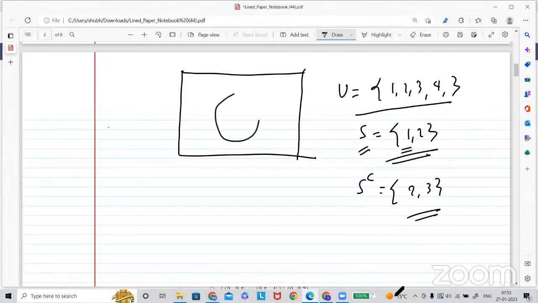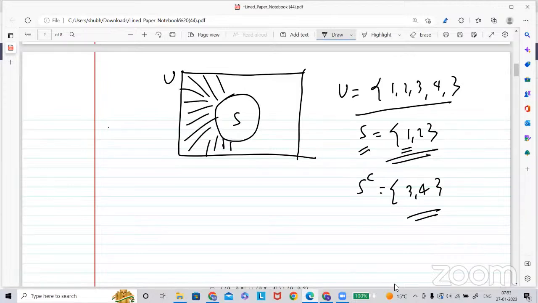Suppose this is your set U. Apart from 1, 2, it should be 3 and 4. So the complement, in pictorial form, means you are taking those elements which are outside of this set. Is that clear?